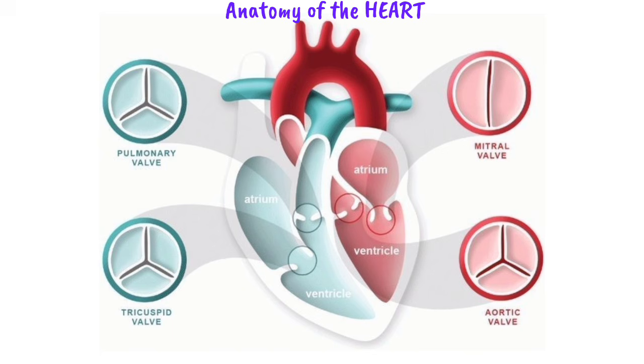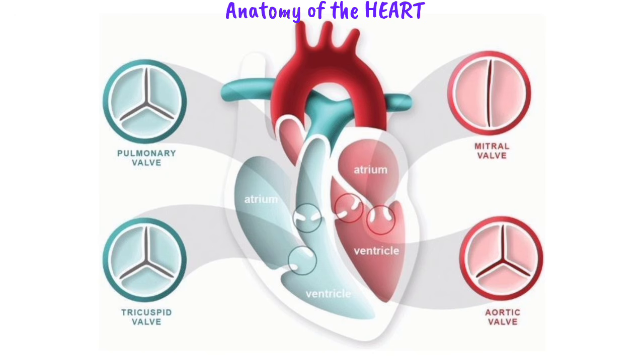Then the mitral valve, which is between the left atrium and the left ventricle. And then finally, the fourth valve is the aortic valve, which is between the left ventricle and the aorta. Now we can say these valves open and close with each heartbeat, and this is to prevent any backflow of blood. So that being said, you can ask the question, what makes the heart beat?